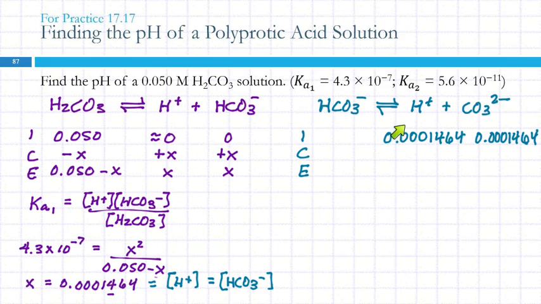So our initial concentrations for these two come from the equilibrium concentrations of the first ionization. They're not going to be zero. What did I do wrong? I just saw it. I did something wrong.